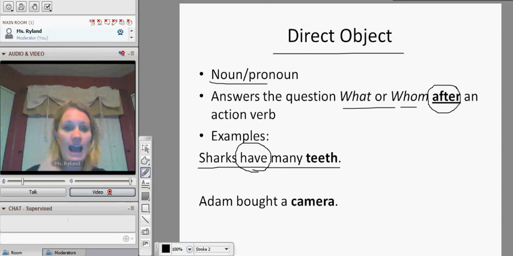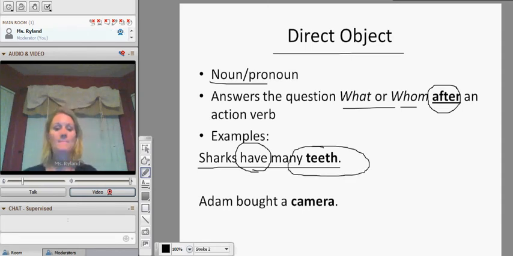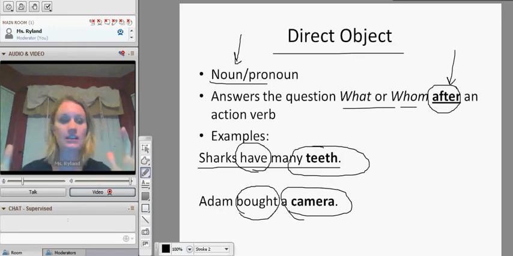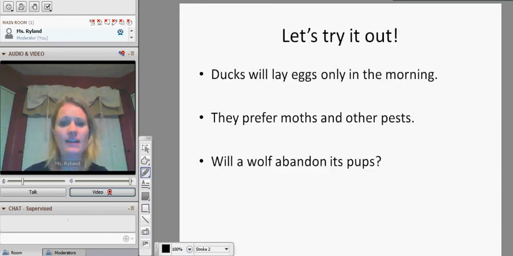And what's the noun that comes after it? Teeth. Adam bought a camera. Here's our action verb. Bam! Here's our direct object because it's the noun that comes after the action verb. I cannot stress that enough. After, after, after.